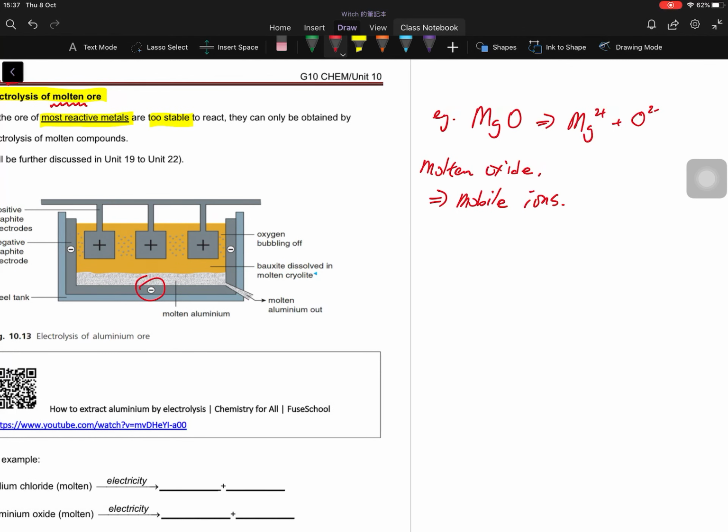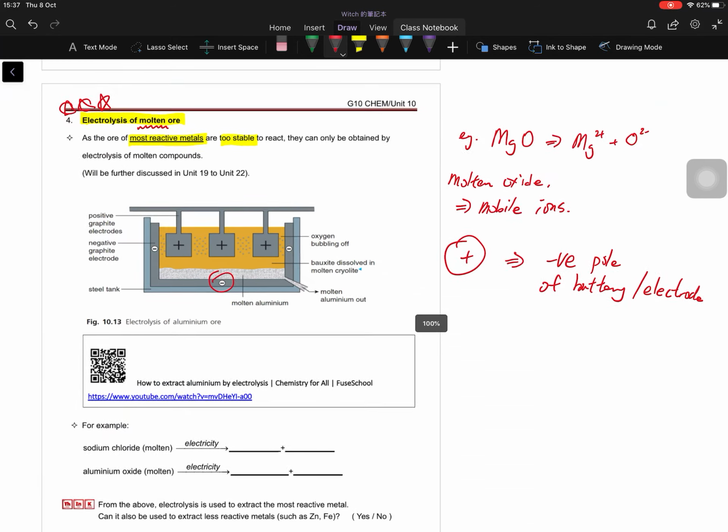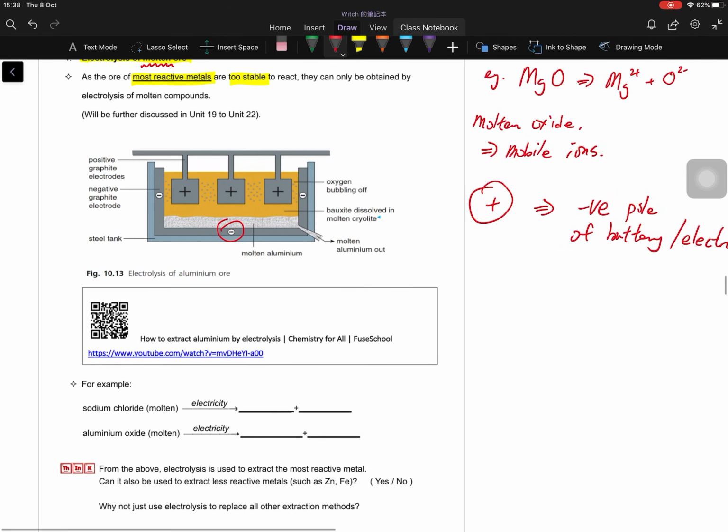The magnesium ion is free to move, so it will be attracted to the negative pole of the battery or electrode, because attraction occurs between oppositely charged substances, right? So the magnesium ion will receive electrons and turn back into magnesium metal.